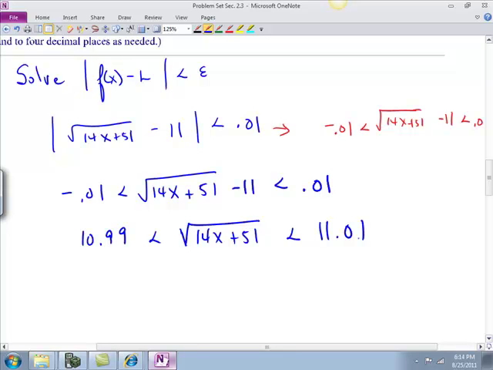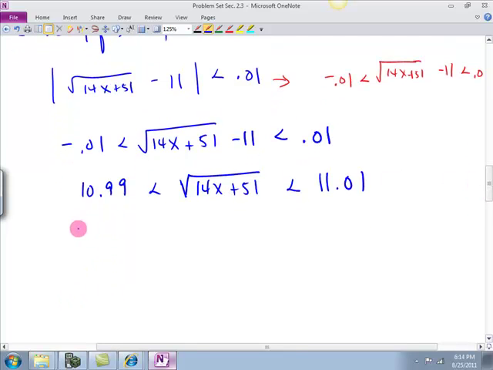Now how do we do that? Square everything in the whole thing. So you're going to square 10.99. It says round to 4 decimal places, so in that question it mentions that. So when you square this, let's write it with 4 decimal places. So square 10.99.